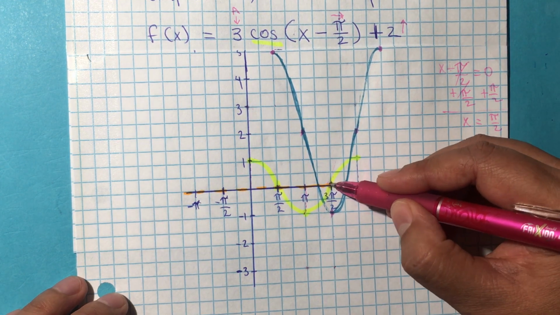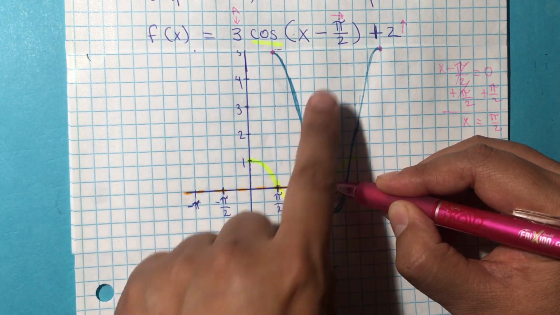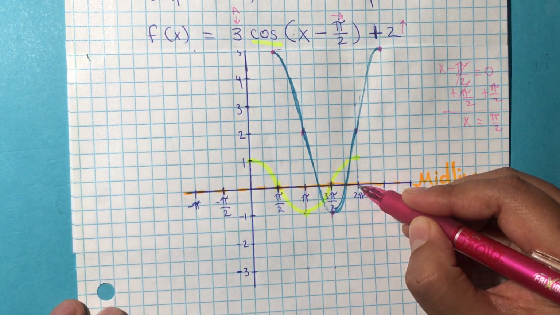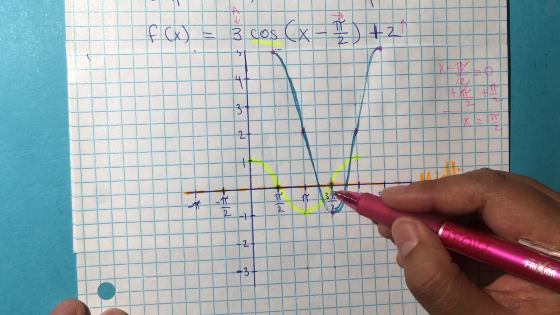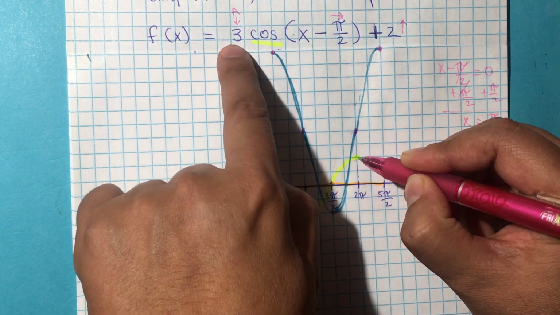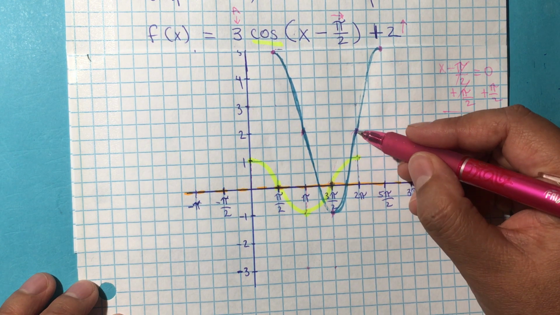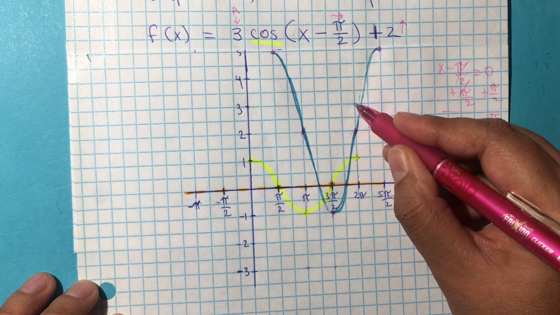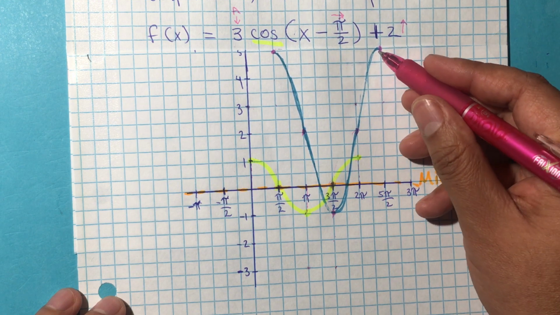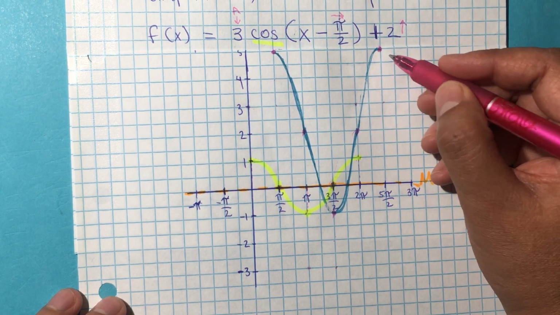For this one, 3 times 0 is 0. Move it pi over 2 to the right, move it 2 spaces up. That's my new point. For this one, it's 1 times 3 is 3. So 1, 2, 3. Pi over 2 to the right, 1, 2, up. And that's my new point.